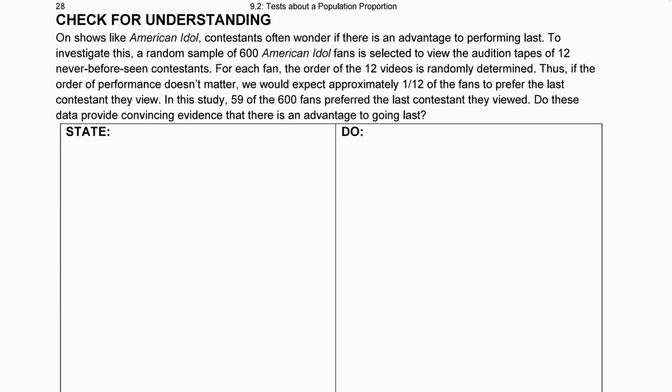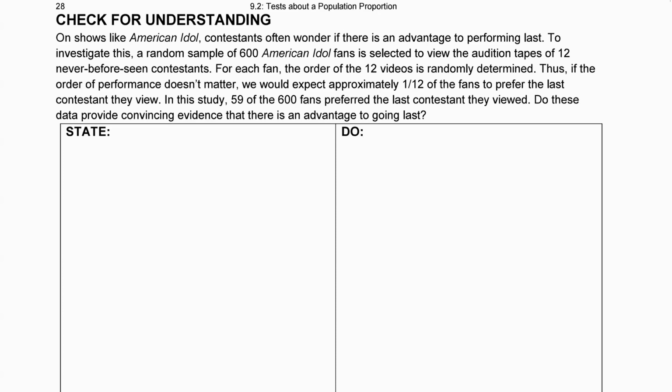All right. Here's a check for understanding to make sure that we really do understand the procedure for doing a one sample z-test for population proportion. On shows like American Idol, contestants often wonder if there's an advantage to performing last. To investigate this, a random sample of 600 American Idol fans were selected to view audition tapes of 12 never before seen contestants.